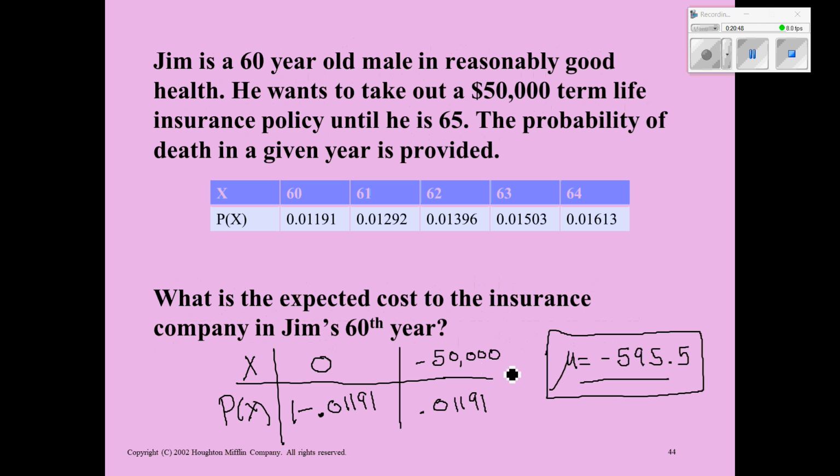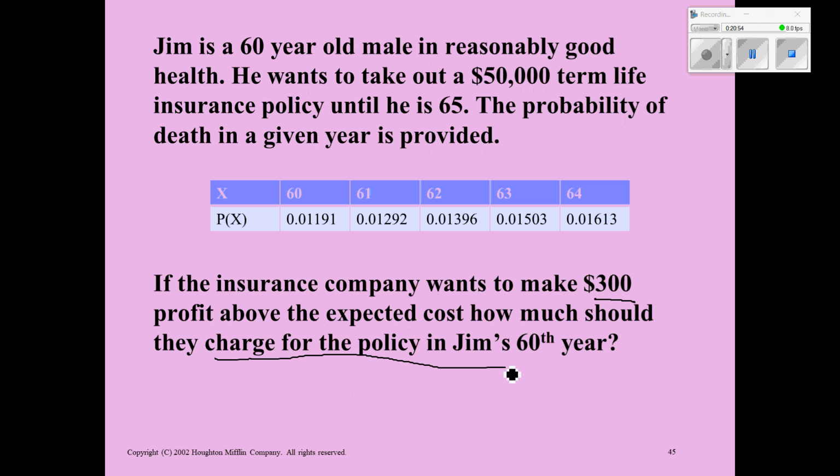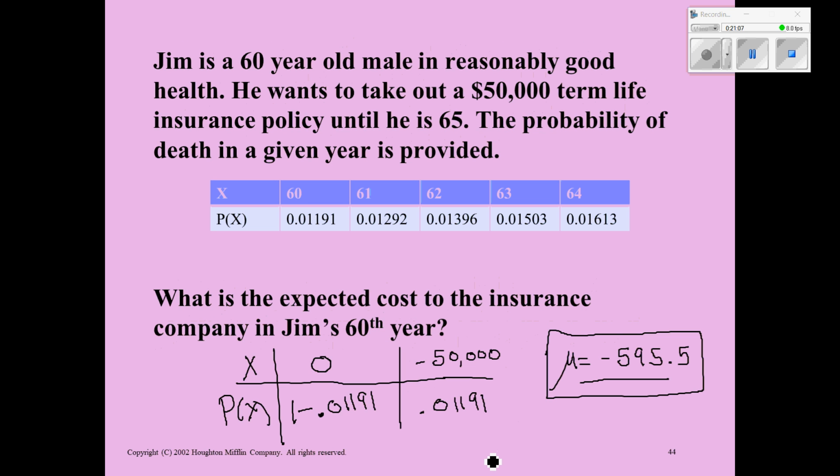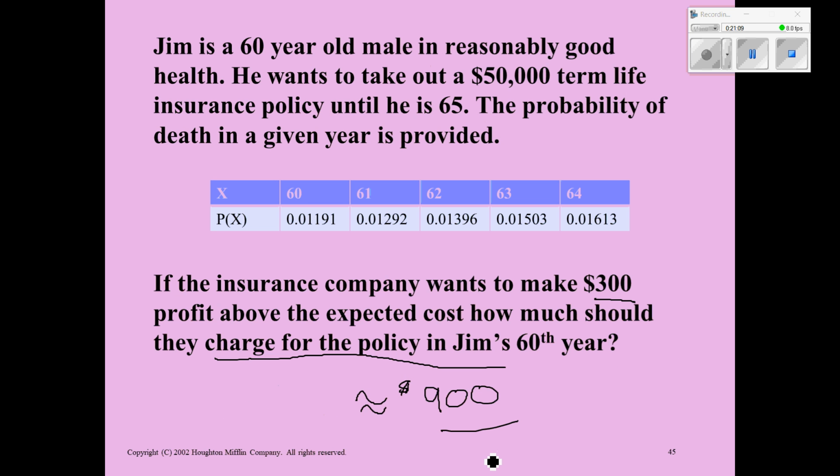Well, if you're expected to lose $600 and you want to make $300, you should roughly charge, I'm rounding here just to make it go quicker, roughly $900 a year. If you're expected to lose about $600 just on having to pay it out, and then you charge every person $900 roughly, that gives you roughly $300 profit.